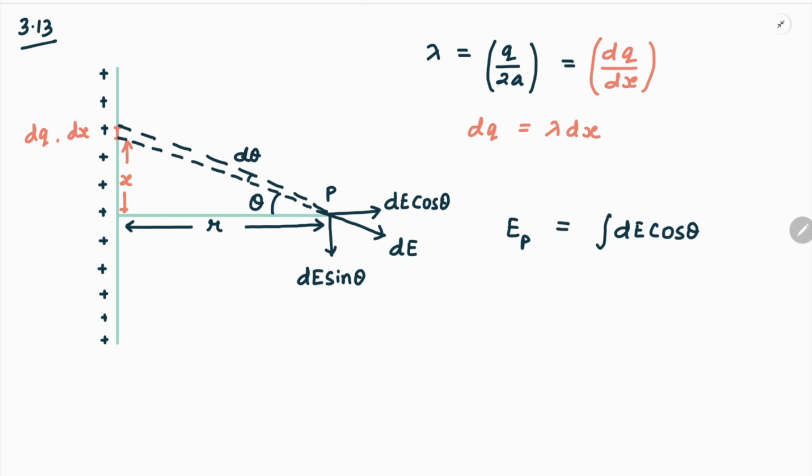Now in order to evaluate this, we take E at this point P as K dq by distance squared, where the distance squared is r square plus x square, followed by the cos theta part.